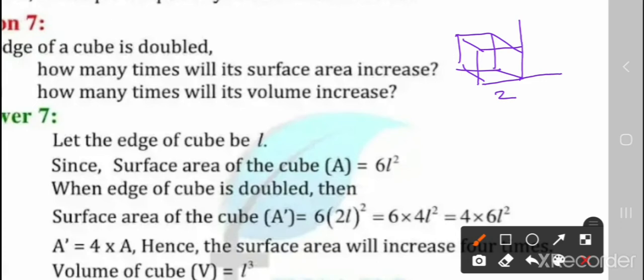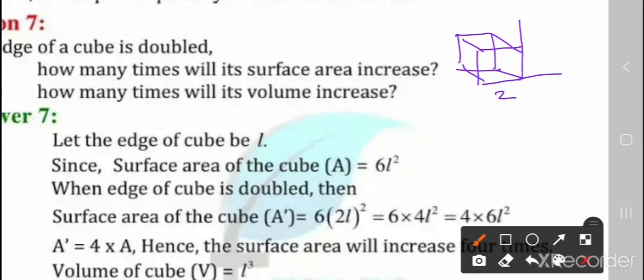In the same way to the top also it is doubled. Length and breadth and height, everything is doubled.